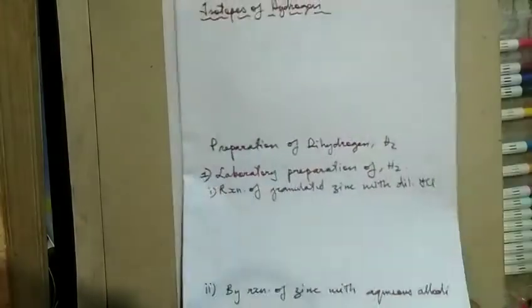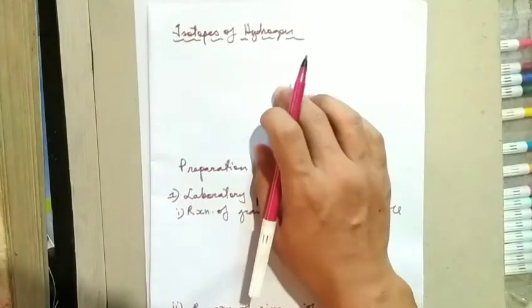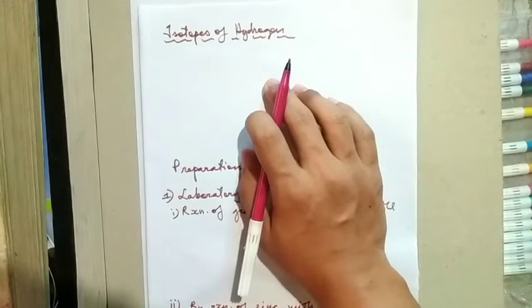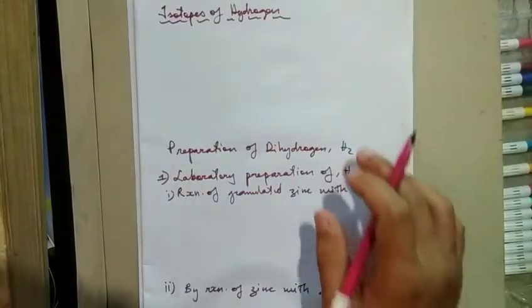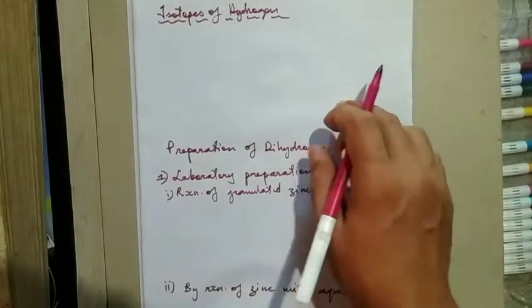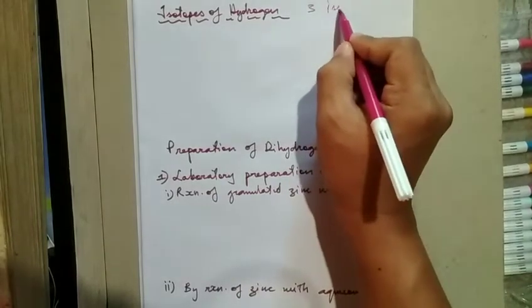Next topic is isotopes of hydrogen. We all know that isotopes are those which have the same atomic number but different mass numbers. So hydrogen has 3 isotopes.